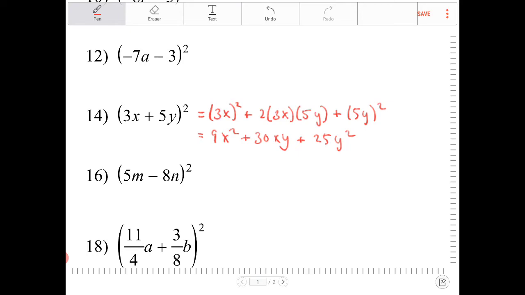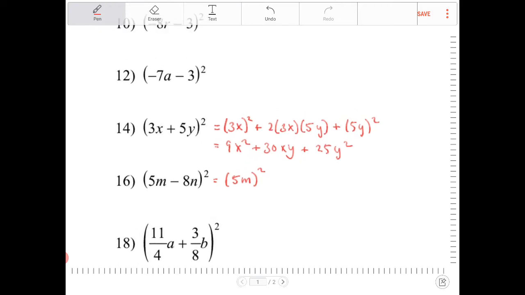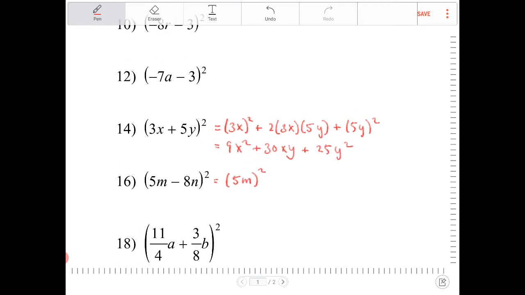I'm going to go over the next one here, question 16, and this is going to be a difference. So what I have here is 5m quantity squared. Really the only difference between the two perfect squares, a sum versus a difference, is that the middle operation is supposed to be a difference.